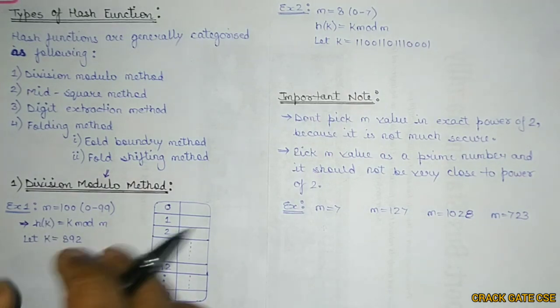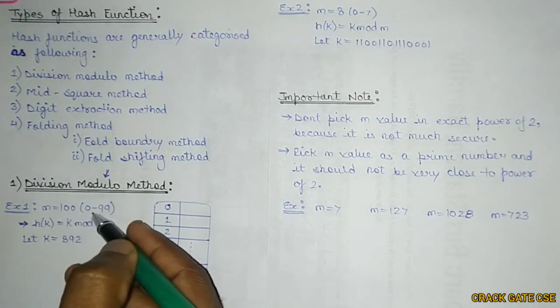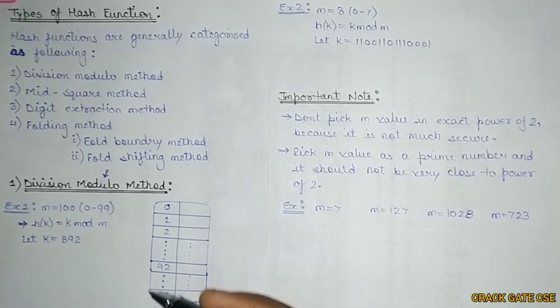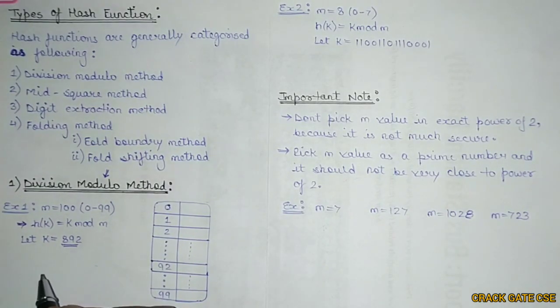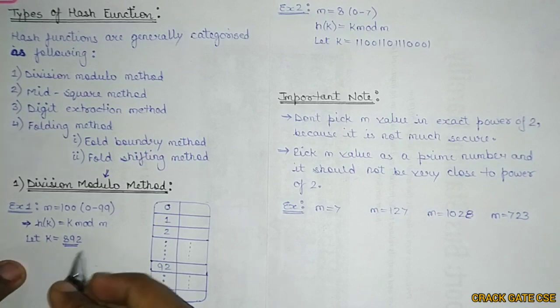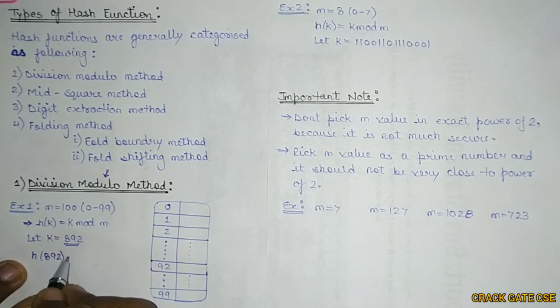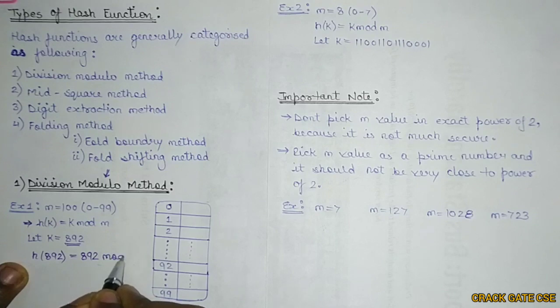So this m is given. M is nothing but the size of the hash table, which is 100. That means 0 to 99, right? I took a hash table of size 100. Now I'm having the k value as 892. So if I want to apply the hash function on this 892, what will it be? 892 mod 100.